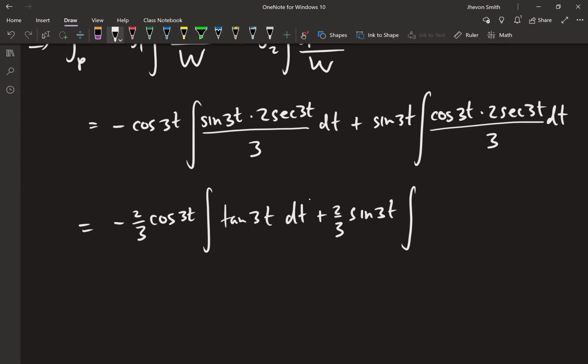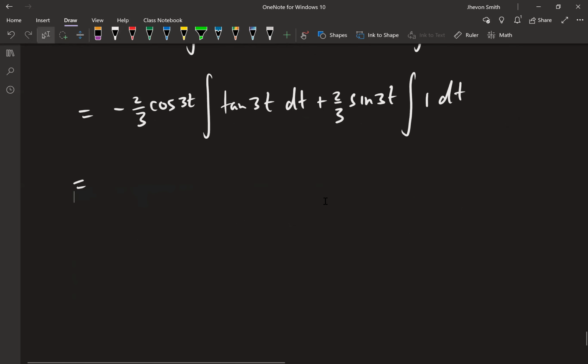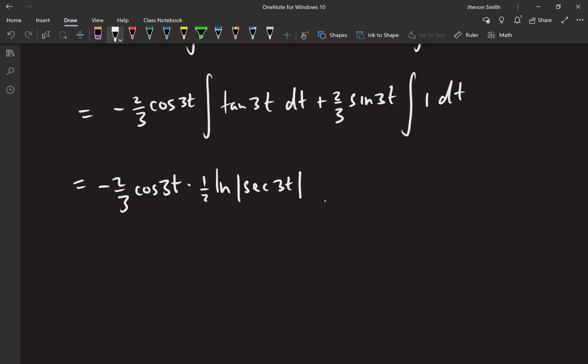And I would have cosine 3t times 1 over cosine 3t, so that's just 1 dt. And so now 2/3 cosine 3t. The integral of tangent is ln of absolute value of secant. But here I have to divide through by a 3 because substitution is how I would actually integrate that. Integral of 1 is just going to be t.